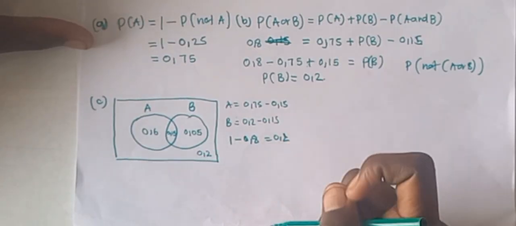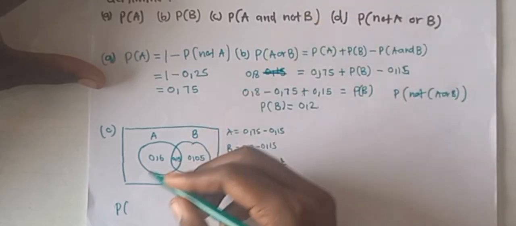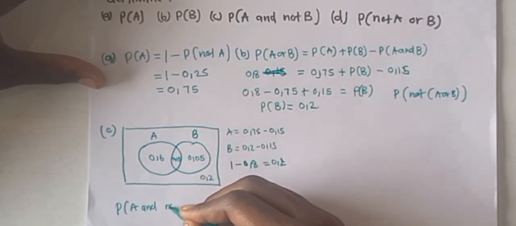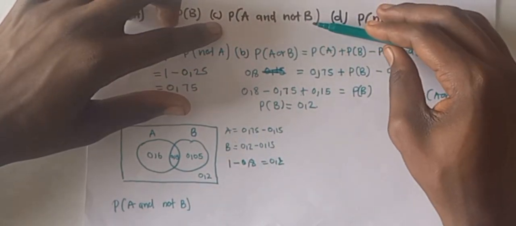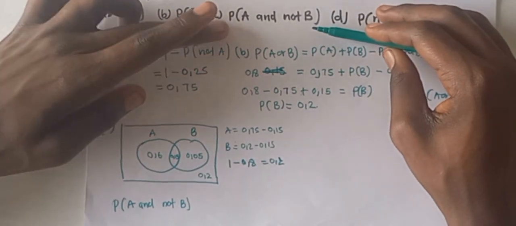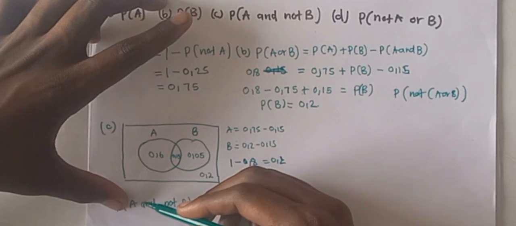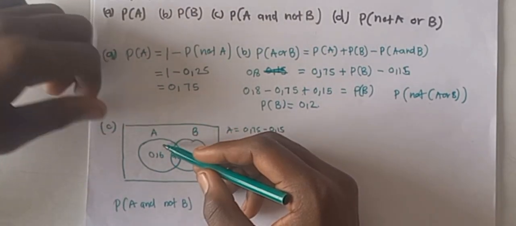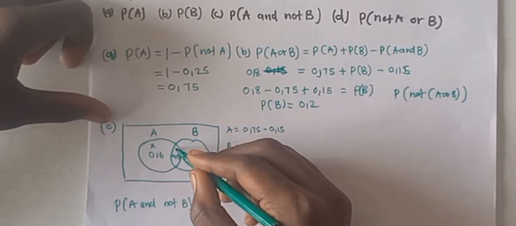From here on, we can answer the question. The question needs the probability of A and not B. I've done a video, guys, where I explain what this means. I beg you to go and watch it so that you can understand how to answer this kind of question. We're going to mark everything that is the probability of A. In our Venn diagram, that's this one and also this one.